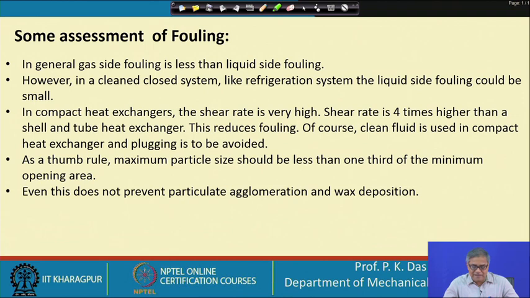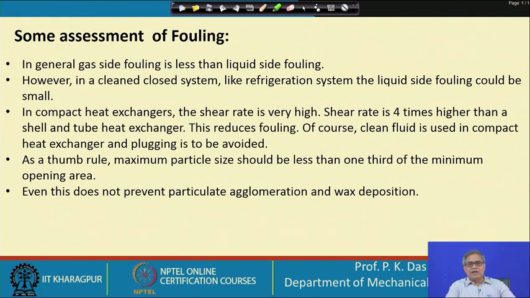As a thumb rule, maximum particle size should be less than 1/3 of the minimum opening area. Suppose there is a fluid and there could be some suspended particles, which are generated due to different reasons in a circulating system. The suspended particle diameter should be much less, and the minimum passage area should be at least 3 times more than this suspended particle.